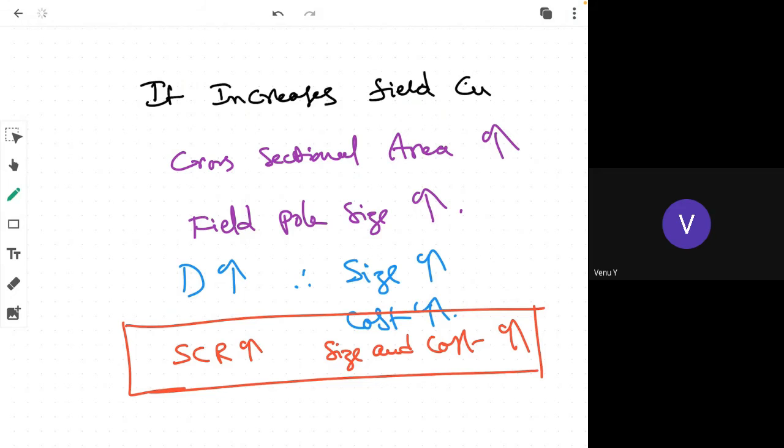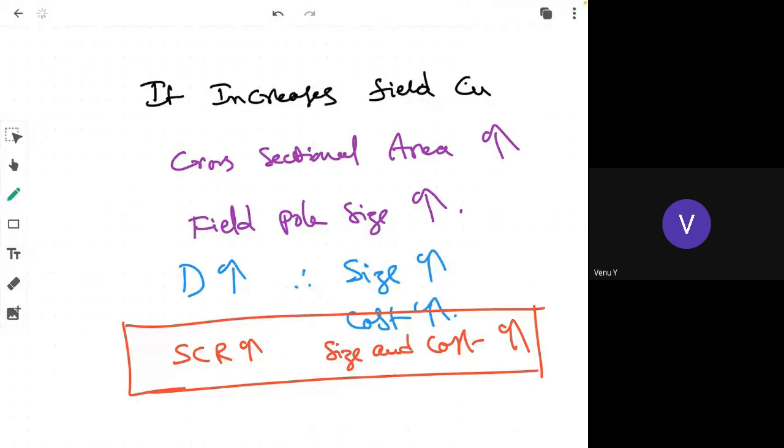In modern days, people are preferring low SCRs to reduce the cost of the machine. And to improve the machine performance, they are depending upon other parameters like FACTS controllers or stability improvement techniques.